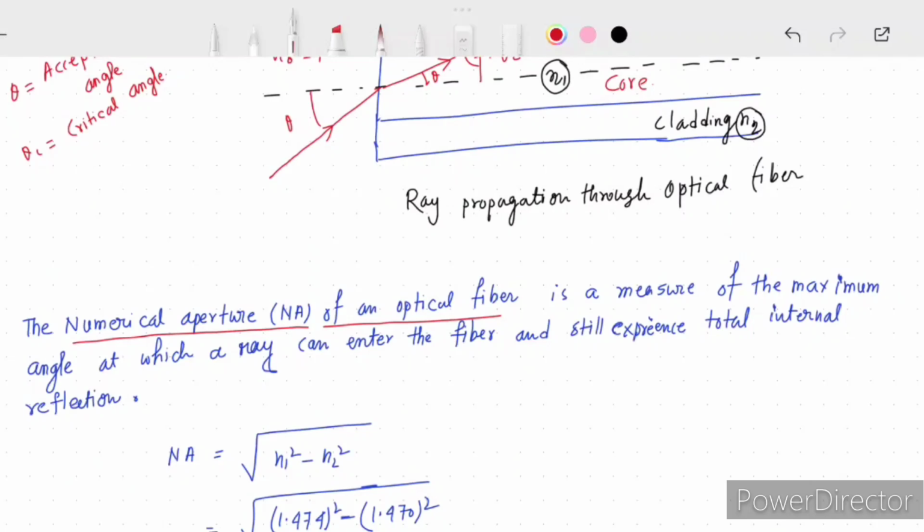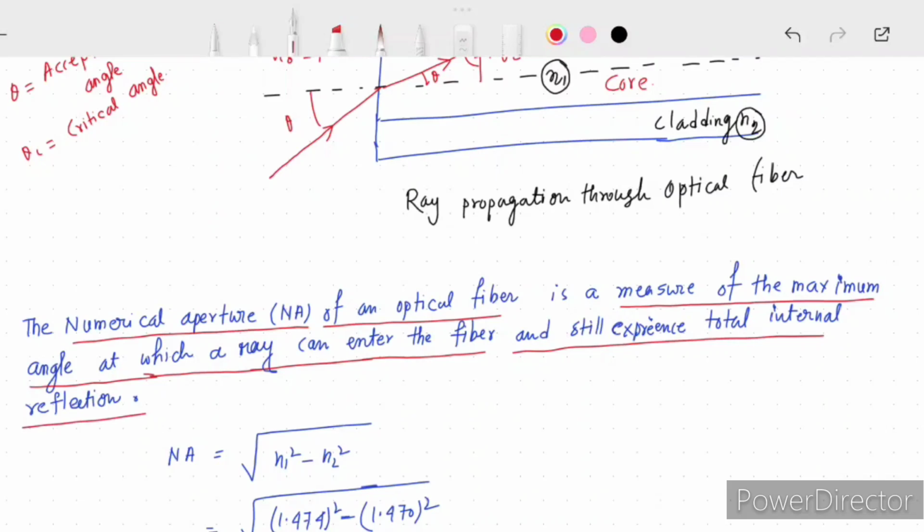The numerical aperture of an optical fiber is the measure of the maximum angle at which a ray can enter the fiber and still experience total internal reflection.